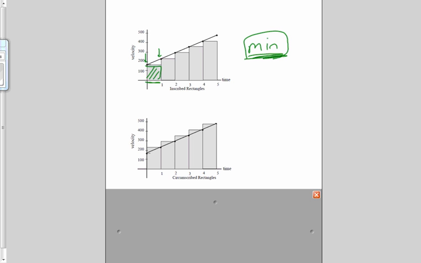And I let that area under the curve approximate the minimum distance that we could have gone in that 0 to 1 second interval. Whereas below, I have a maximum approximation. So in that same 0 to 1 interval, instead of choosing the left point, I chose the right point, the bigger point, and from there constructed my distance approximation. Because remember, the area under the curve, this area, is our distance.